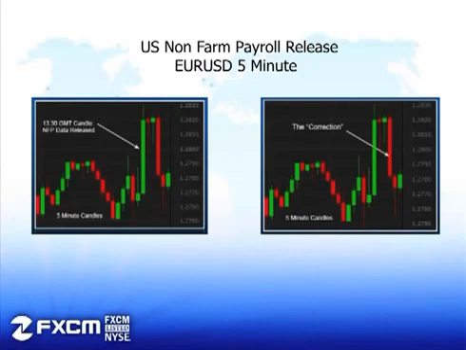Now, that's the aggressive way to trade it. The more conservative way is, again, we wait for the open to occur, but we don't get in based on the fourth candle. Rather, we wait until the price action gets below or right at the level that the market was trading just prior to the announcement.